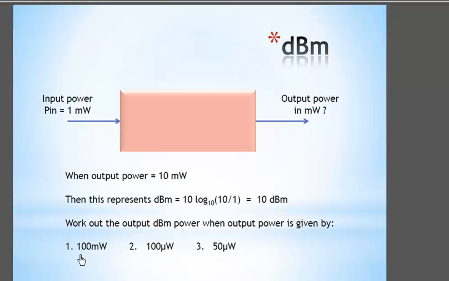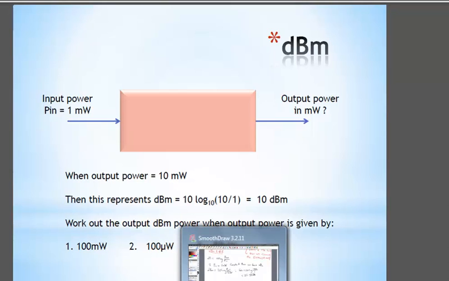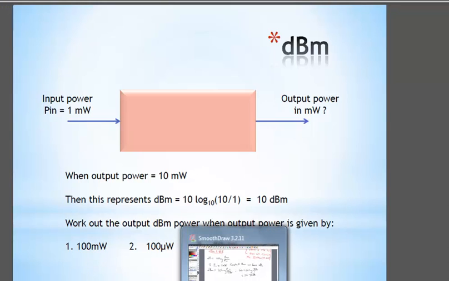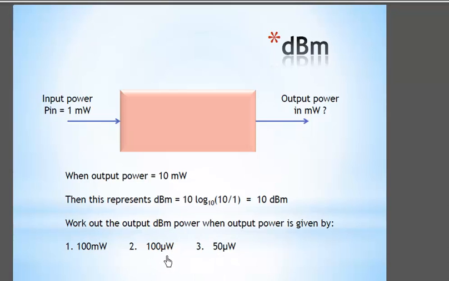So dBm, you can do dBm for all this, right? Let's do dBm for 10 milliwatt. 10 log 10 milliwatt over 1 milliwatt, that's just 10. This is 100 milliwatt, same thing: 10 log 100 milliwatt over 1 milliwatt. But this is microwatt, 100 times 10 to the power minus 6.